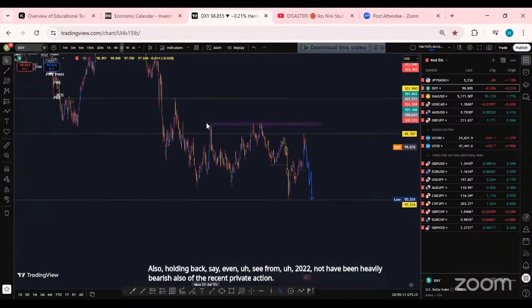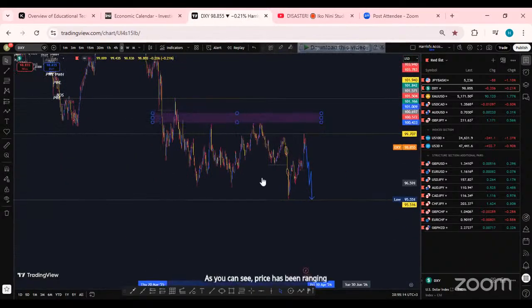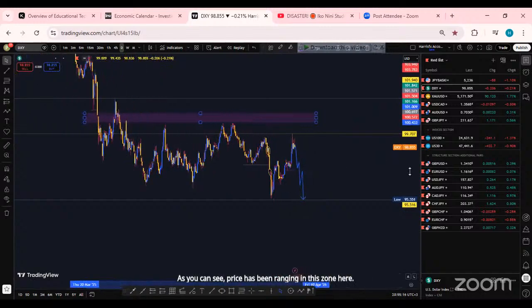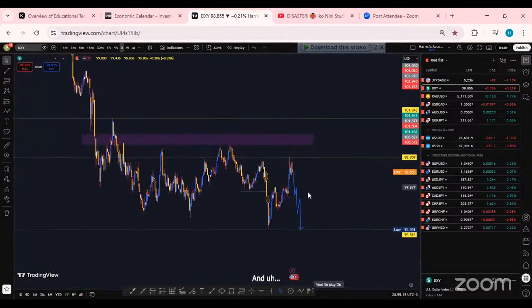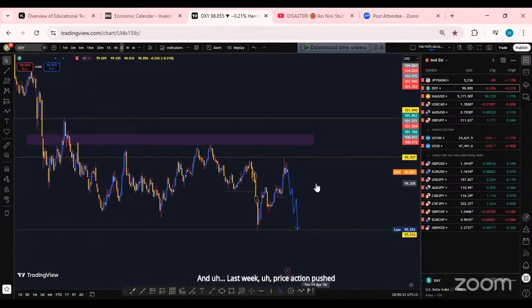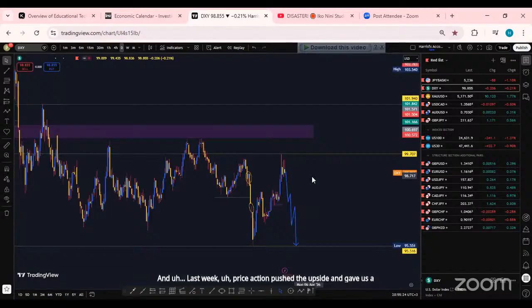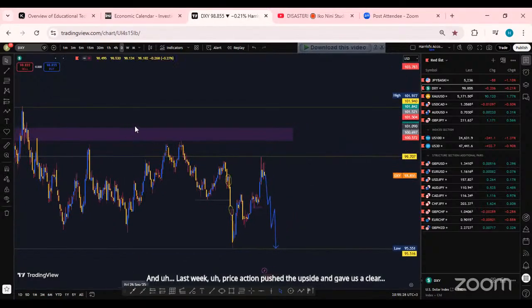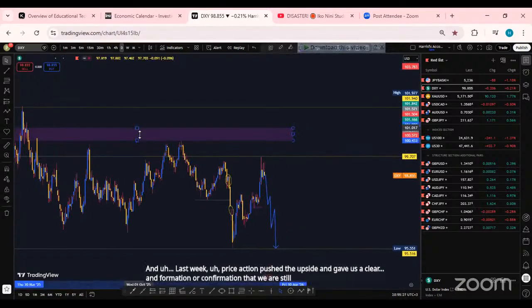As you can see, price has been ranging in this zone here. Last week, price pushed to the upside and gave us a clear confirmation that we are still headed to the downside, as Baswiti has marked.